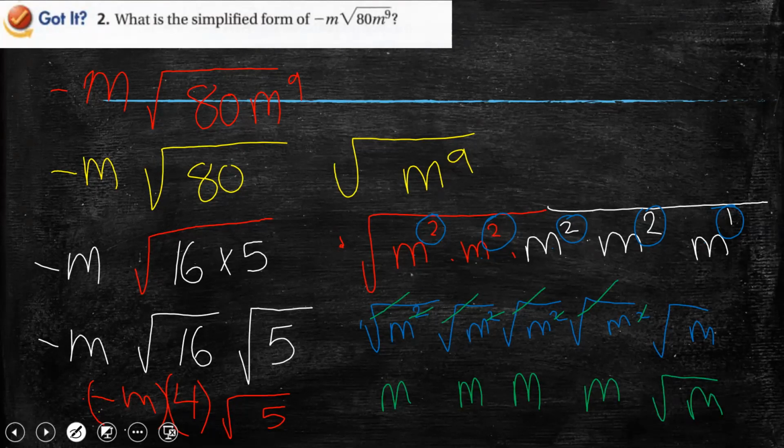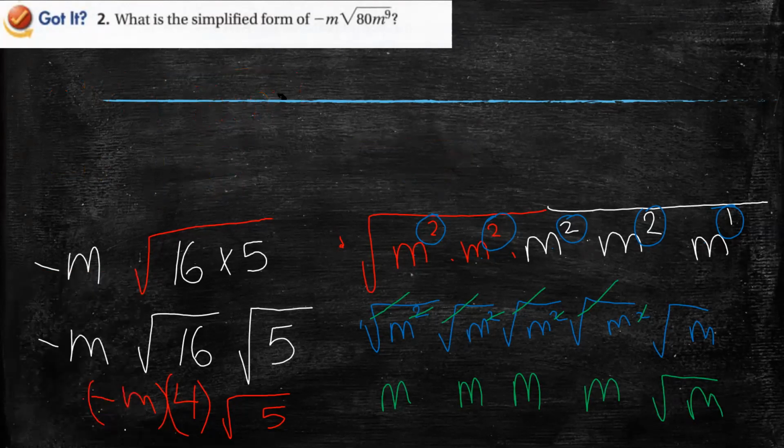Then I will combine the numbers and the variables without a square root first. Then I will combine the numbers with the square root. Is it right? Yes.